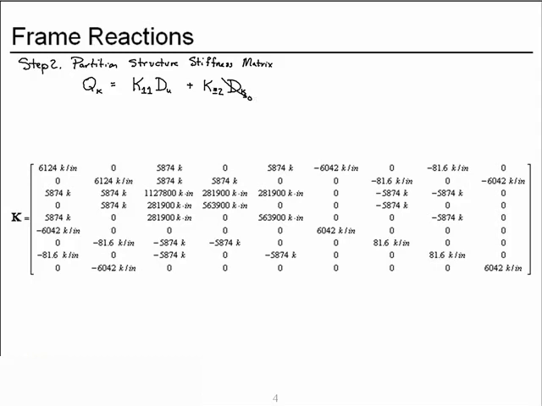So I won't need this chunk because it would just be multiplied by zeros. And we have to add in the fixed end forces in global coordinates at the unconstrained degrees of freedom. We solve this equation to find our deformations, and then we use that in the next equation to find our constrained forces, that is, our support reactions.